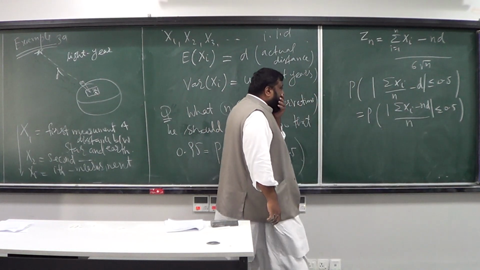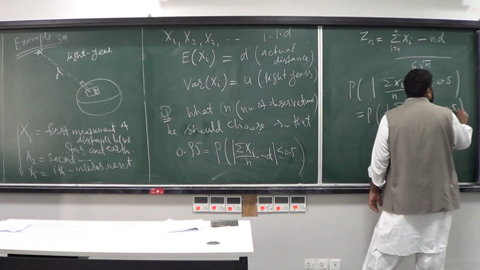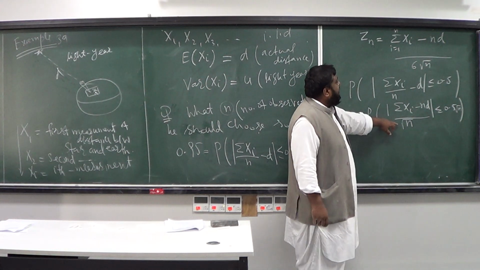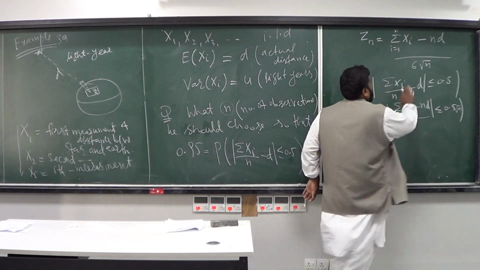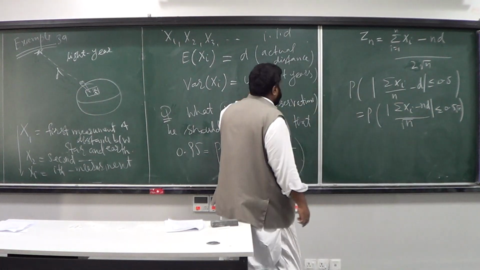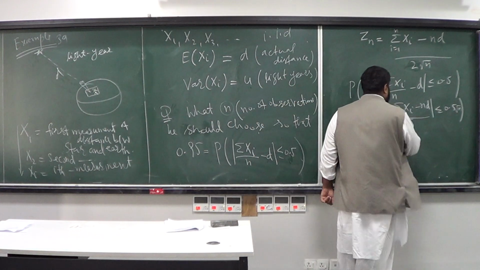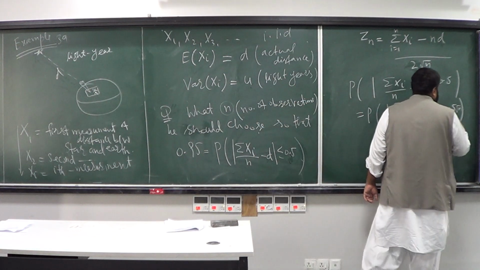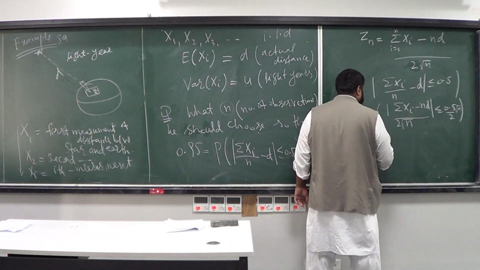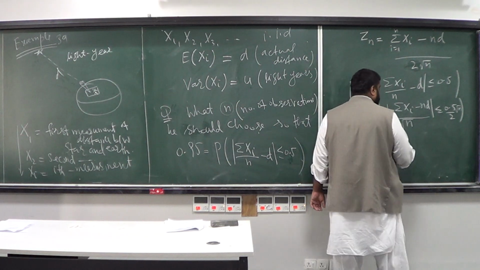I can multiply with the square root of n on both sides, and in order to convert it into Zn, I need to divide by 2, because if the variance is 4, then sigma must be 2. So let's divide both sides by 2.